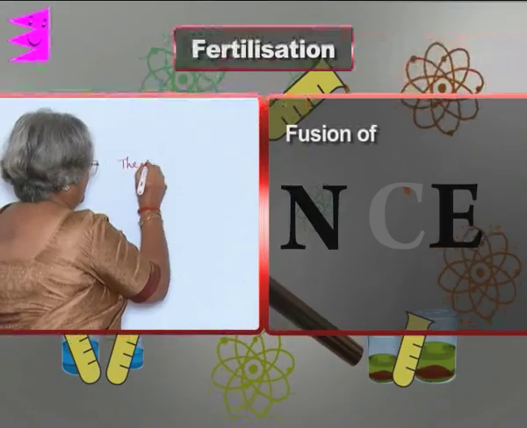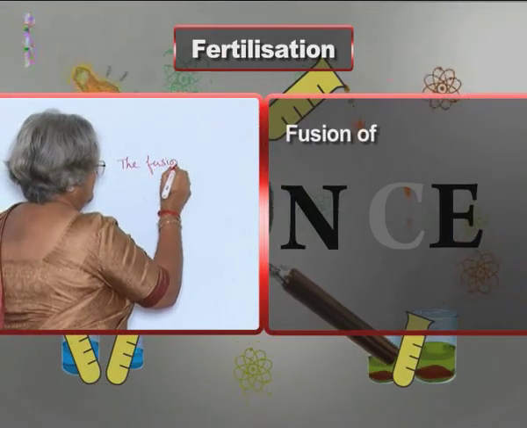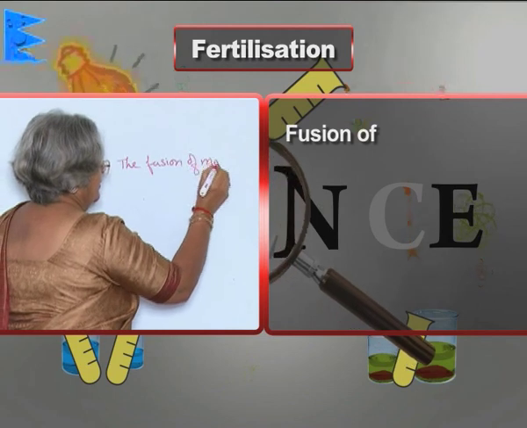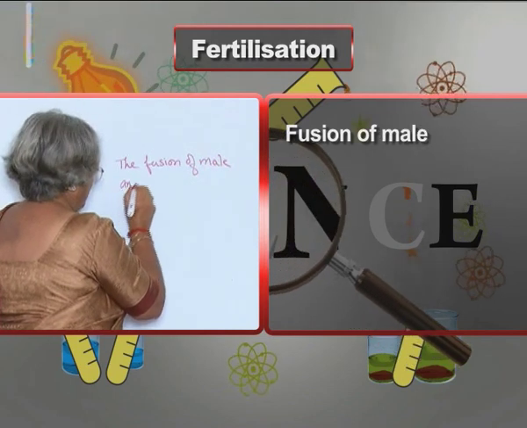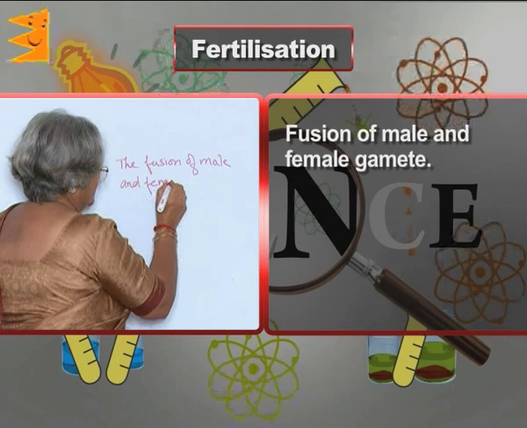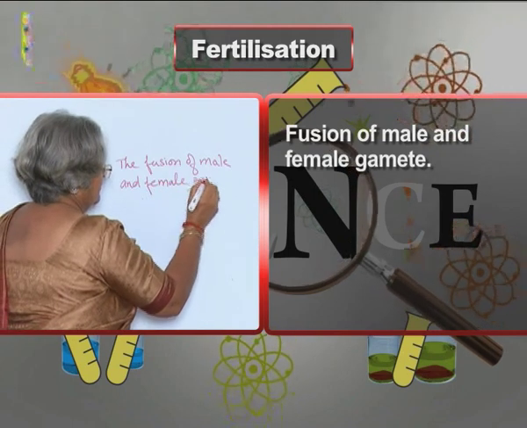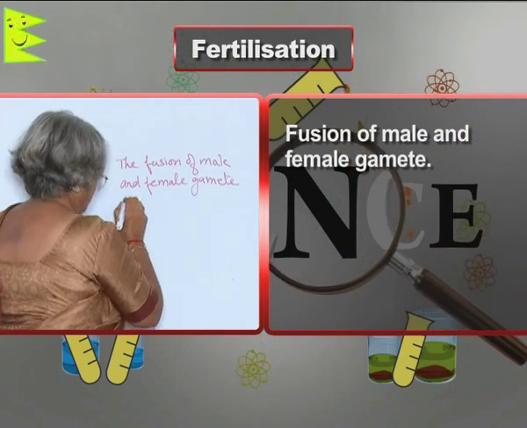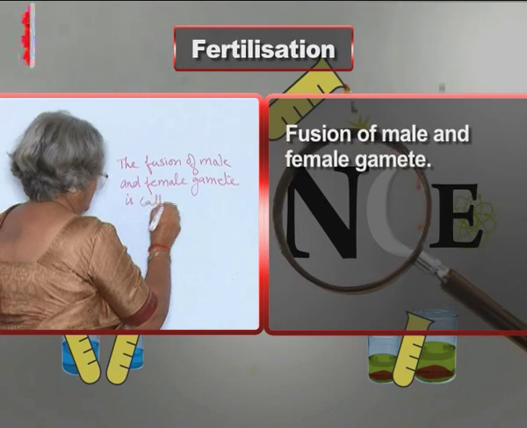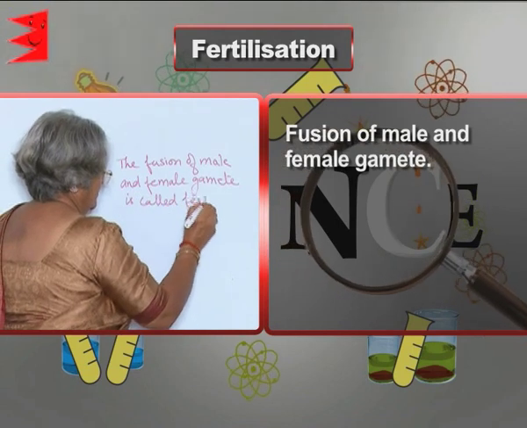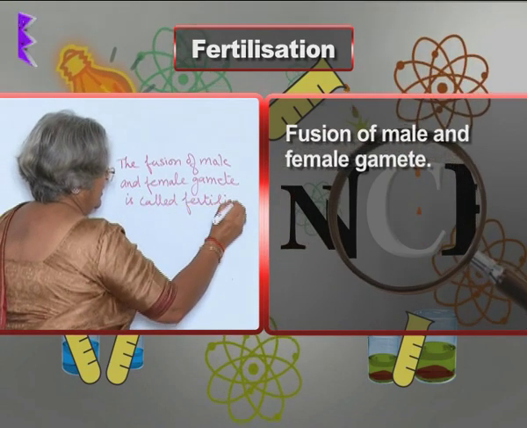The fusion of male and female gamete is called fertilization.